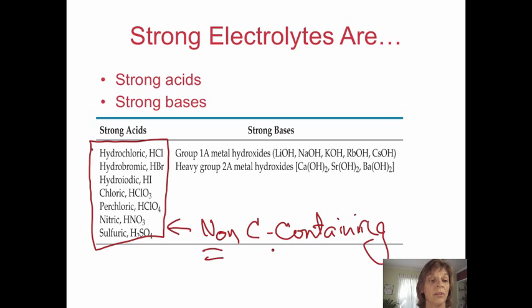They're all the mineral acids. And then the strong bases are all hydroxides, and they belong to group 1 and group 2 of the periodic table. If you look on the periodic table, you've got the group 1 metals, and then calcium, strontium, and barium in group 2. Notice that forms a B for base.